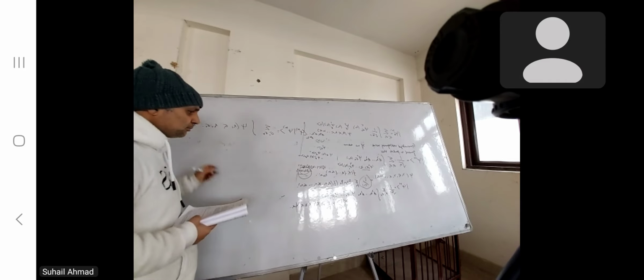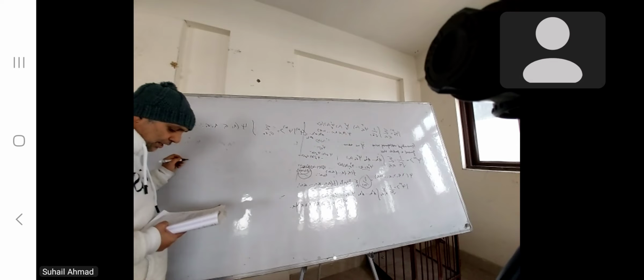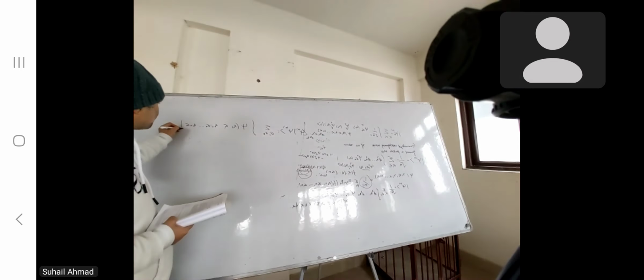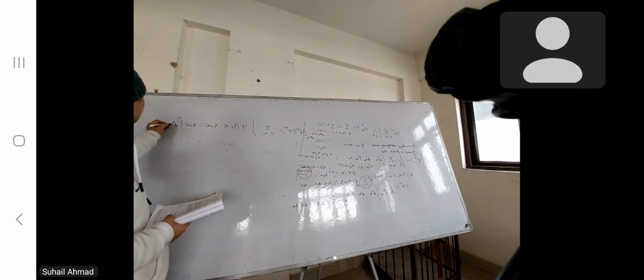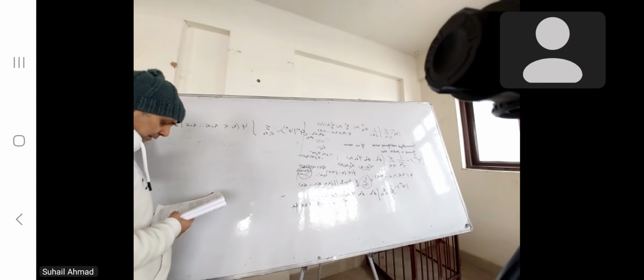So psi dagger, it will be this R1 sigma 1, R2 sigma 2. So the inner product will be the square of this, and d3r, the configuration space integral.